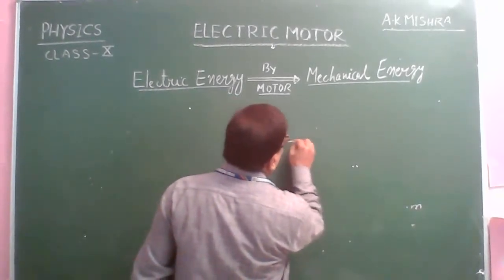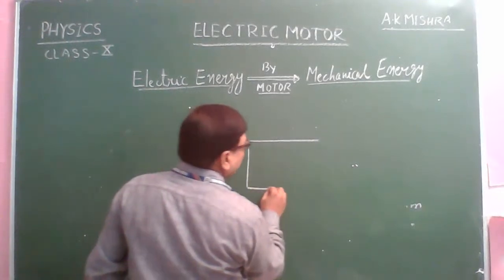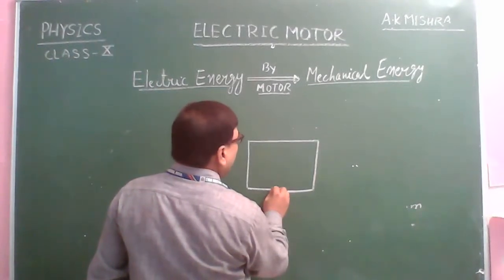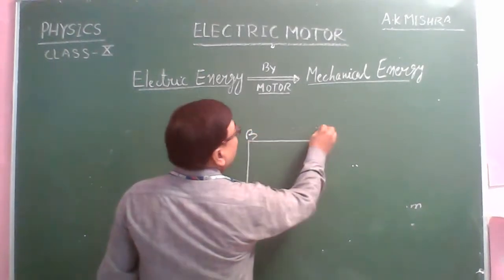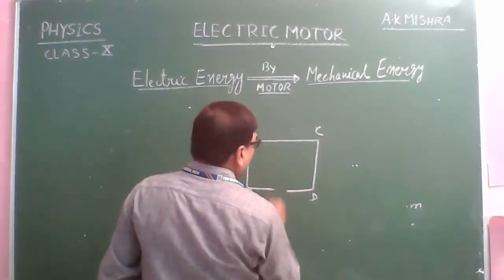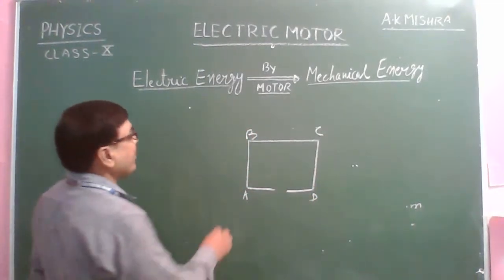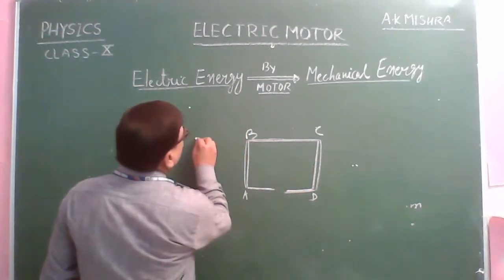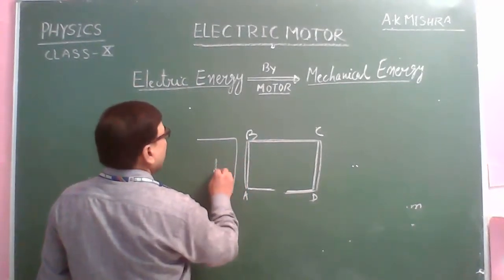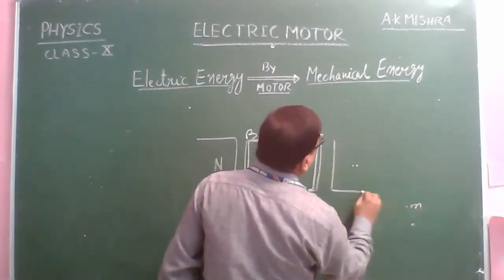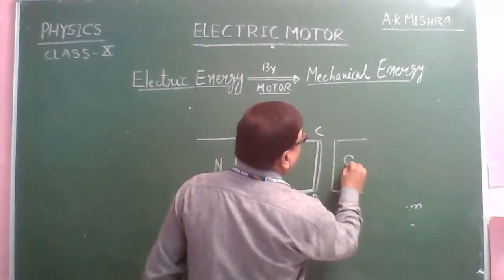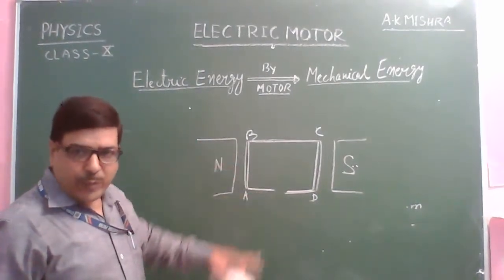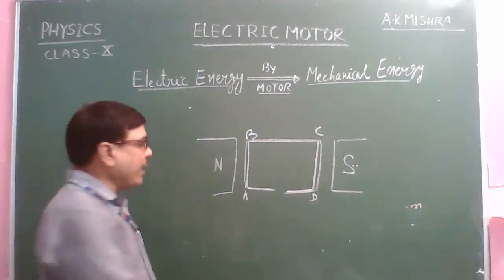I'm just going to draw a rectangular coil ABCD: A, B, C and D. After that, this rectangular coil is placed in a strong magnetic field, between the poles of the magnets, because it works on this principle. We will just discuss that.